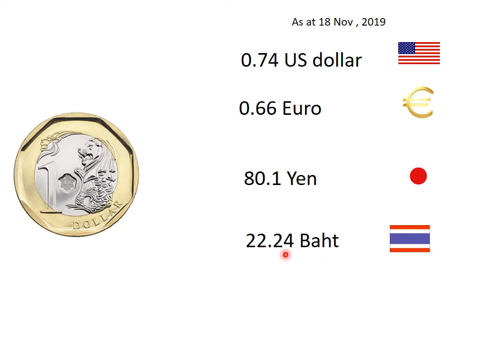Now, if you realize the numbers, can you see that the yen rate and the baht, the numbers are larger? That's because in these countries they don't use cents. The smallest denomination that they use is either 1 yen or 1 baht. There's no cents. So countries which don't use cents, the denomination tends to get a bit larger.